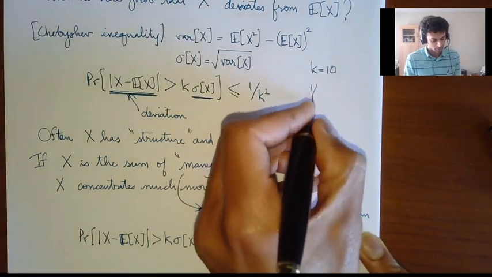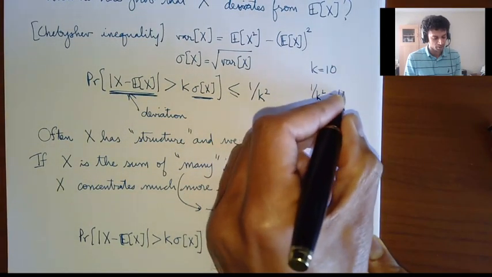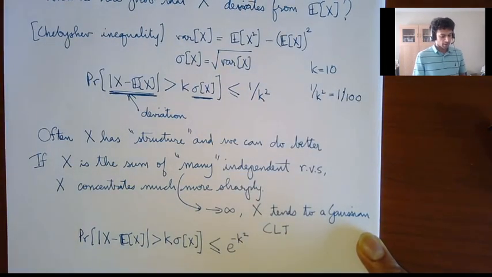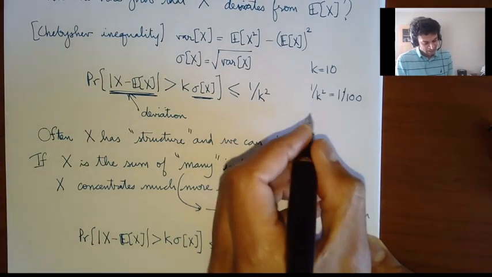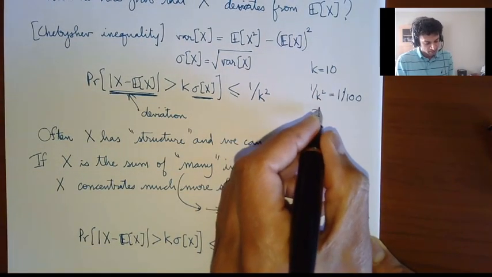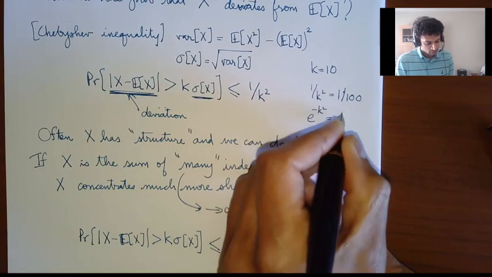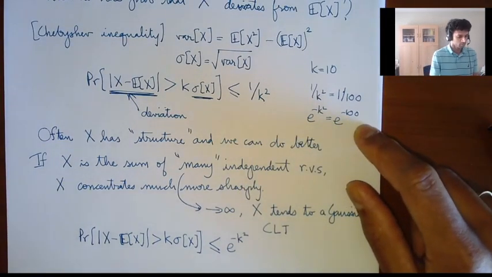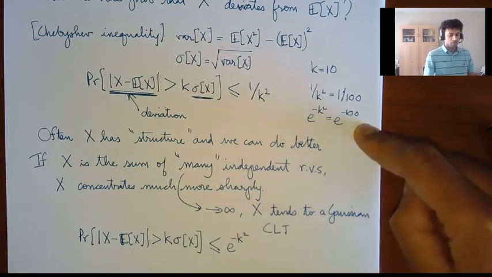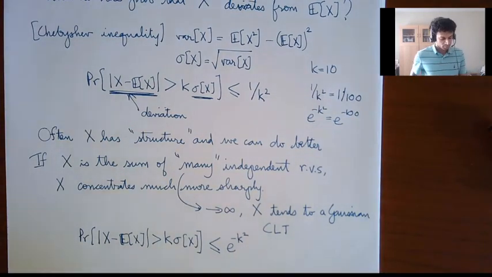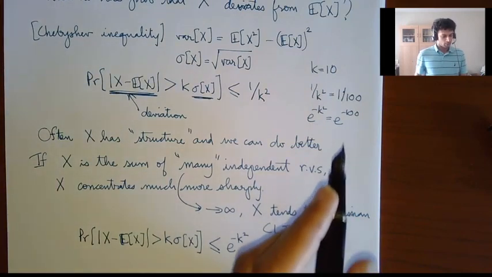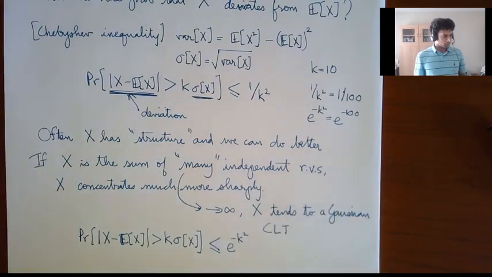Chebyshev says, well, the probability is about 1 in 100. And if it was a Gaussian, it's e to the minus 100. This is astronomically small, right? This would be something like 10 to the minus 30 or so.